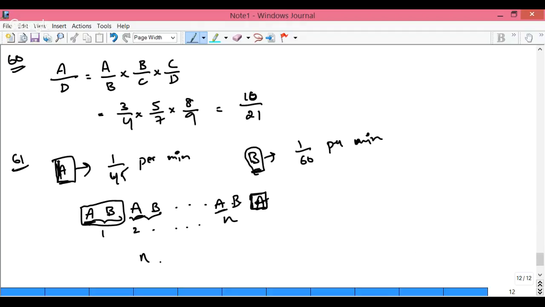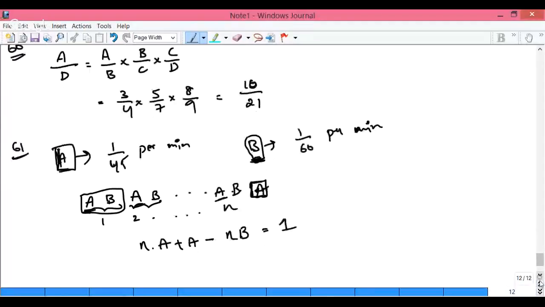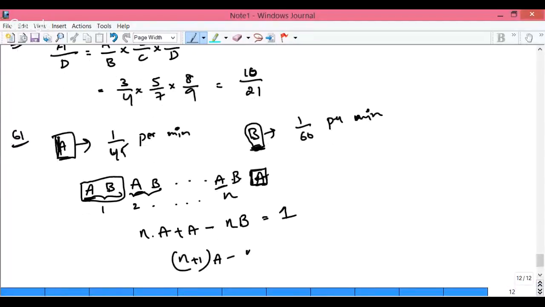It is n into A plus A again. Now B is doing the negative work, because B is emptying the tank. So minus n into B, and the total work done must be equal to 1. Now (n plus 1) into A minus n into B must be equal to 1.